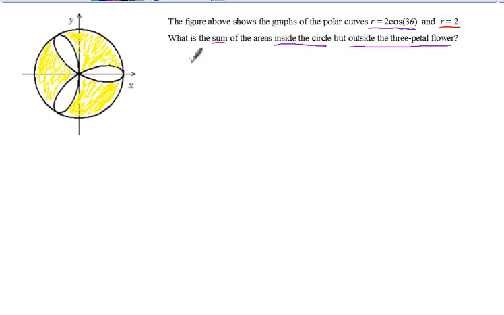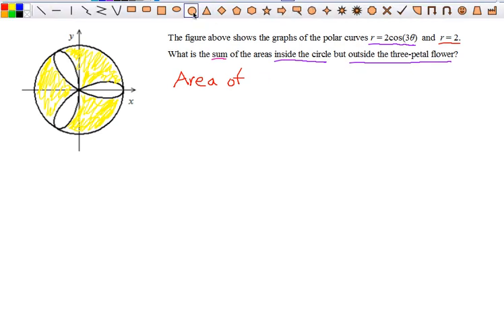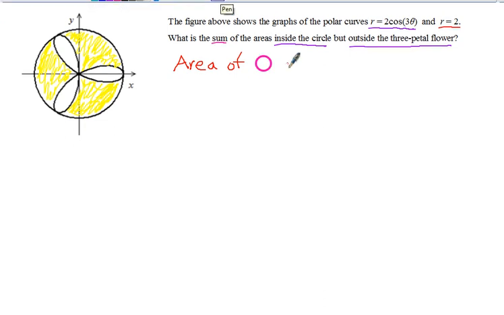Or another way of saying that, you take the area of the circle and then subtract, since we've got 3 petals, 3 times the area of 1 petal. So that's what we're going to do.